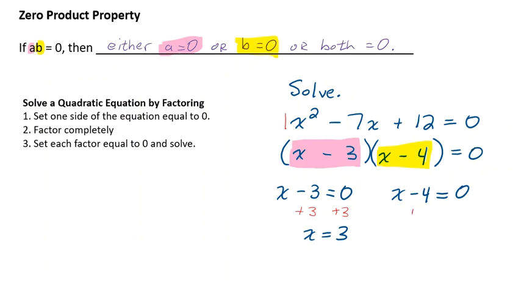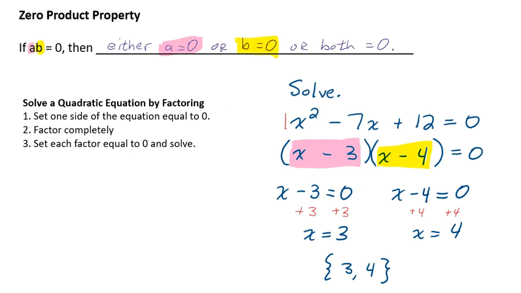Let's do the other factor. If I add 4 to both sides, I get x equals 4. So if I let x be 4, this factor would be 0, and this factor would be 1, and that would still multiply to be 0. So that means we have two solutions. So we could put our answer in a solution set like that. We have two solutions to this equation, x squared minus 7x plus 12 equals 0.